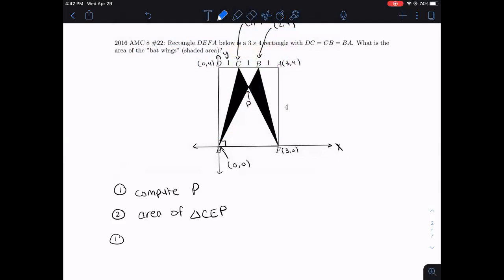Okay. So P is the intersection of BE and CF. But as we saw before, finding the intersection of two lines is somewhat annoying and not that nice sometimes. So let's draw this line.